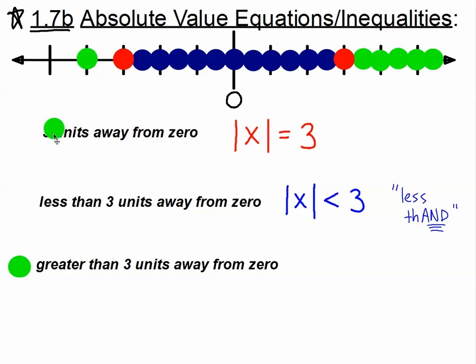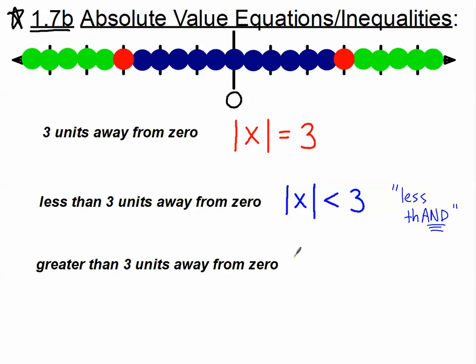Negative 4, negative 5, negative 3.5, negative 4.5, negative 5.5, and of course everything down to negative infinity. We can see that there are two ranges of numbers that are greater than 3 units from 0. There's this outside on the right set, and there's this side on the left side set.